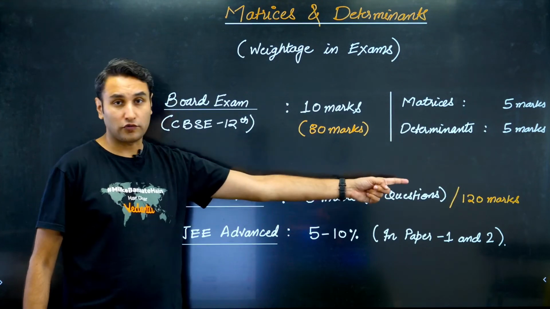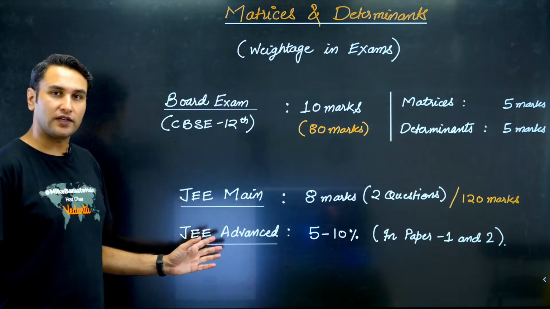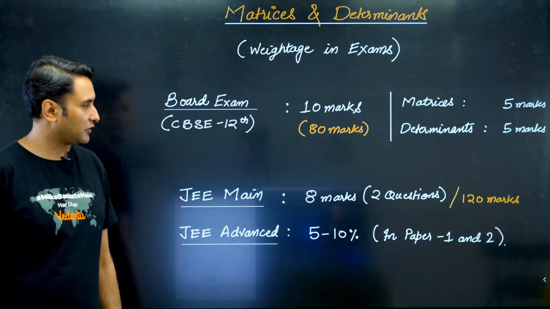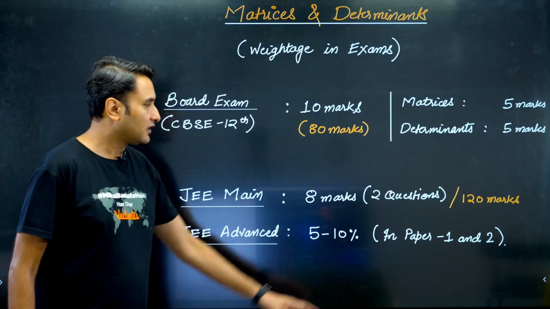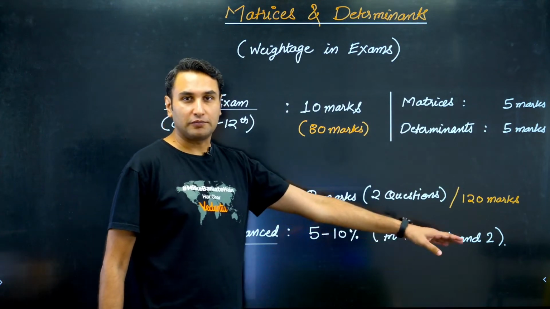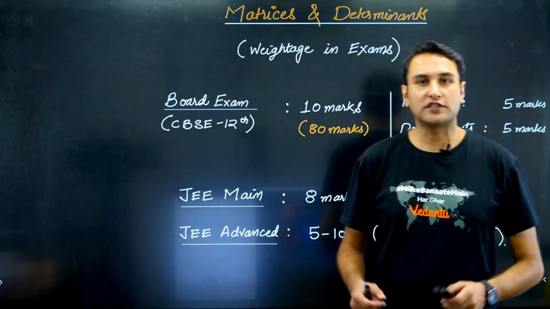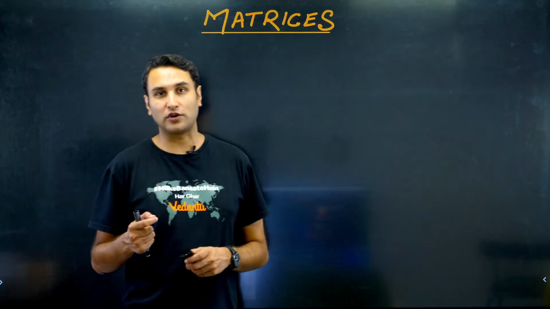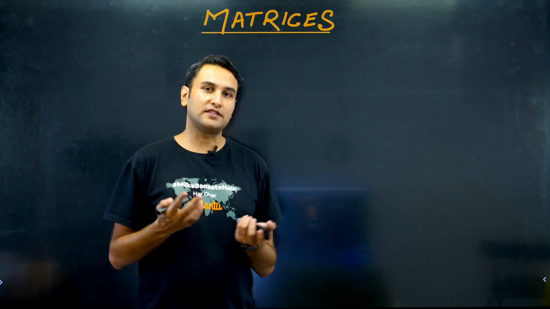That is 2 questions out of 120 marks, and in JEE Advanced, approximately 5 to 10% of the entire maths paper, in terms of marks. That is in paper 1 and paper 2 of JEE Advanced, right? So it's a fairly important topic. The important thing is it is very scoring, because the things are straightforward.